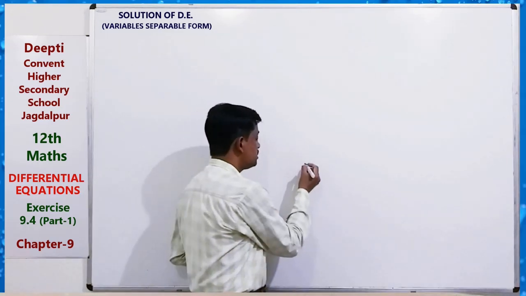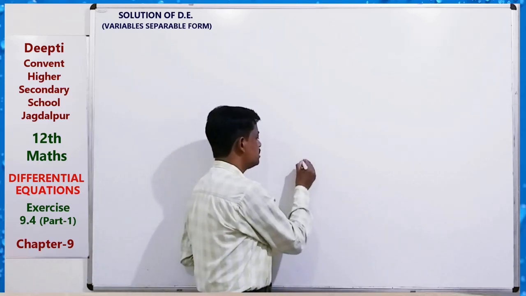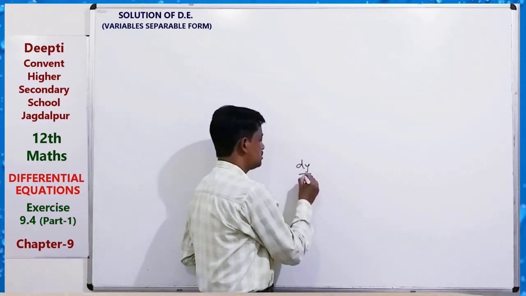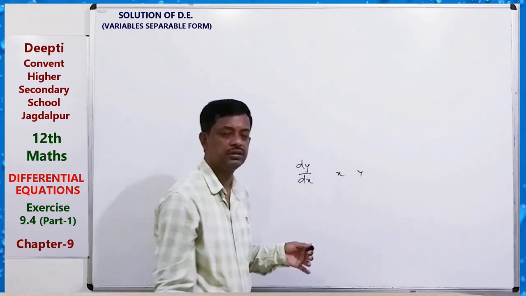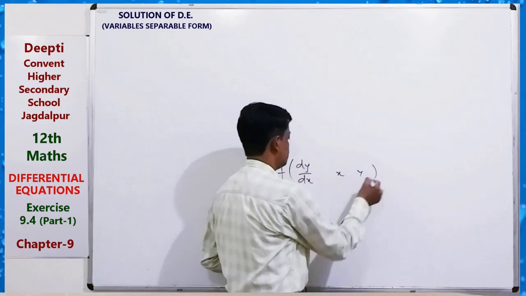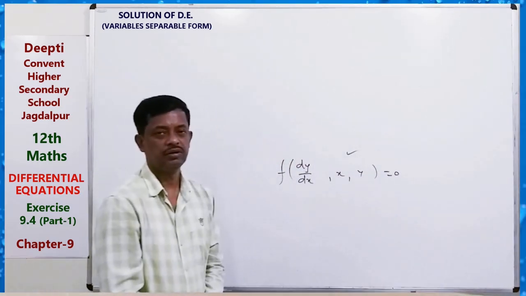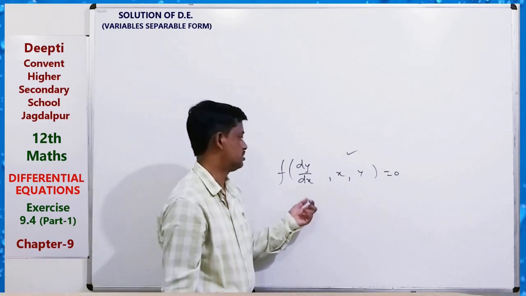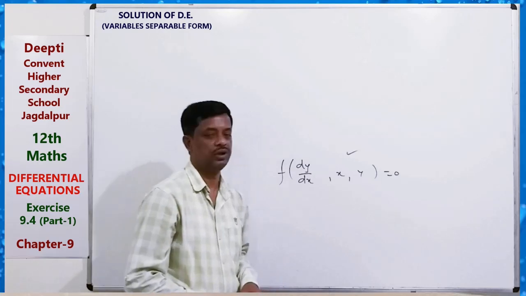In a first order, first degree differential equation, dy by dx will be present, and also x and y with constant values. The relation between these is the differential equation, and we take it as linear because the degree is 1.